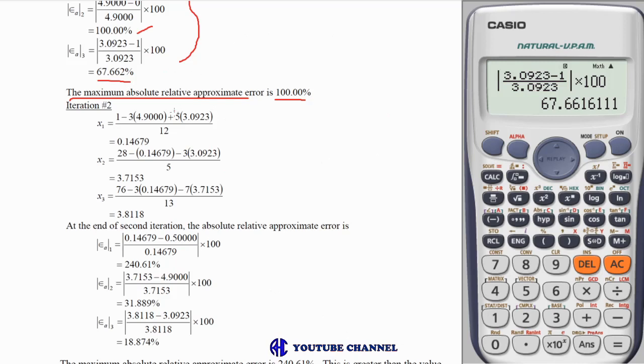Kung mapapansin ninyo, ito na, yung x1 natin is magiging 1 minus 3 times 4.9 plus 5 times 3.0923 over 12. So, magiging 0.14679.